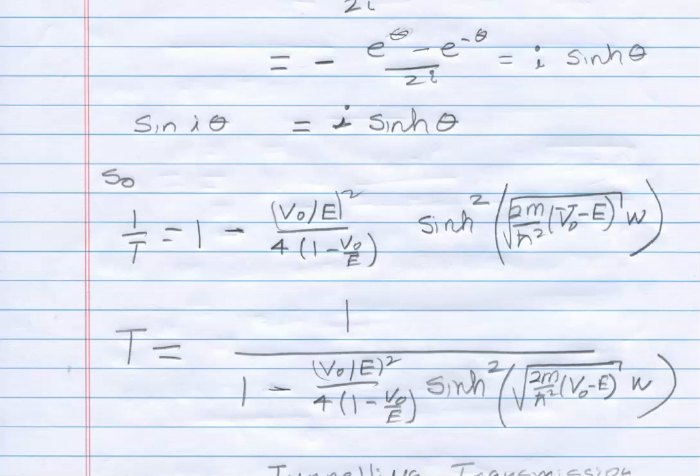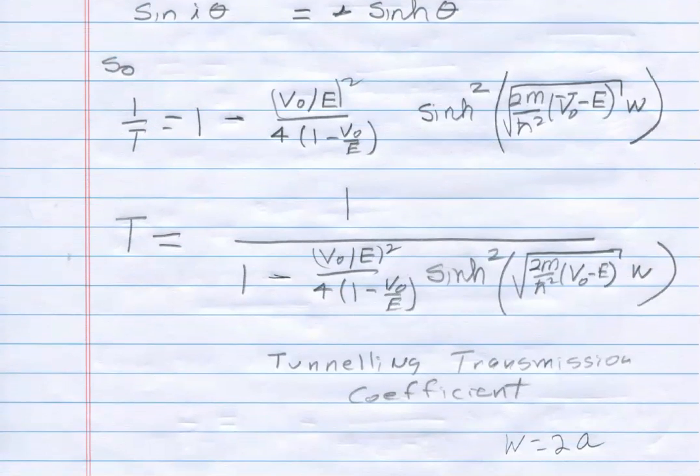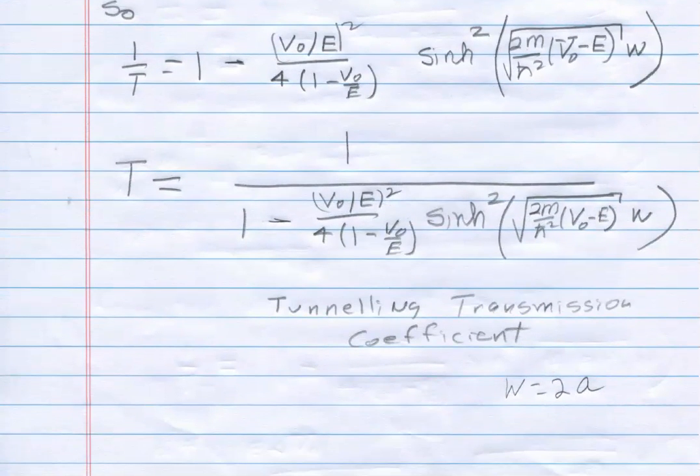The other thing maybe to note is that you might look at this in some detail. When does this expression here equal 1, so that the transmission coefficient would become very large?